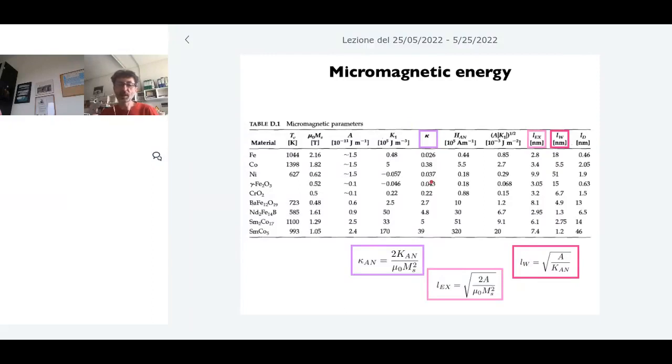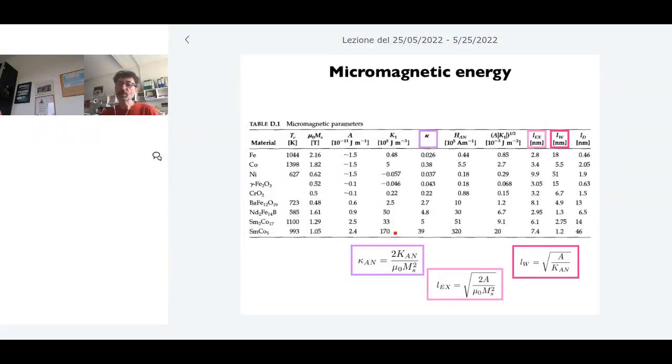And for the hard magnetic materials, for example, neodymium, boron, samarium, cobalt, they have very huge values of magnetic anisotropy. So this is the parameter that tells you that these are good candidates for hard magnetic materials, for permanent magnets, where there is one direction of magnetization that would not like to be changed.